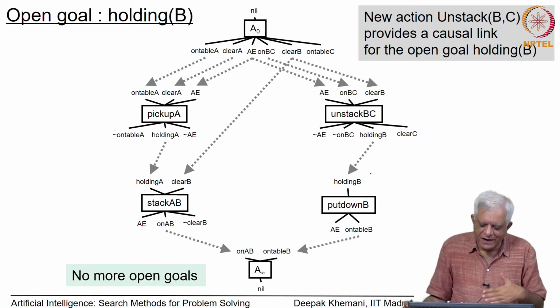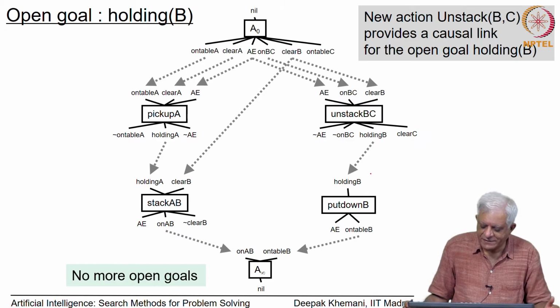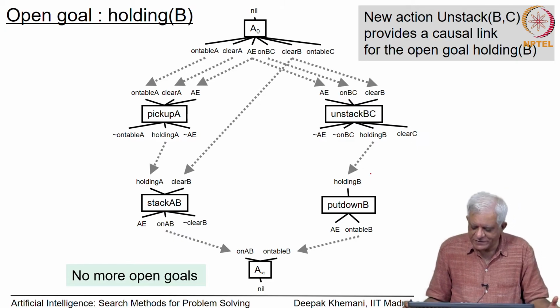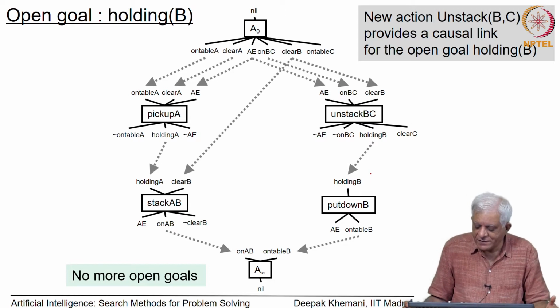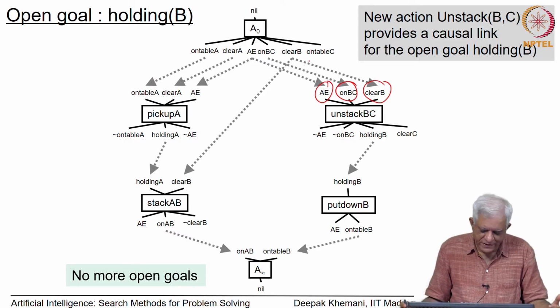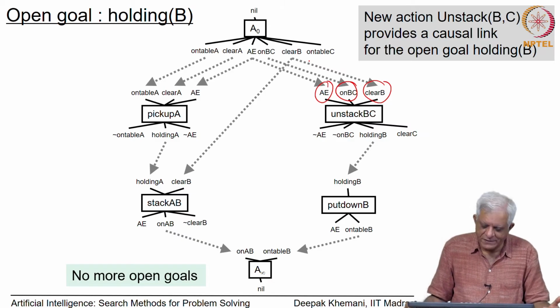But even if we can't do that, we can always backtrack and try something else. So, the action that we have added now is unstack B from C, and the preconditions for this action, which are arm empty, on B C, clear B, are all true in the start state, and at this point we have solved all open goals. There are no more open goals in the plan.